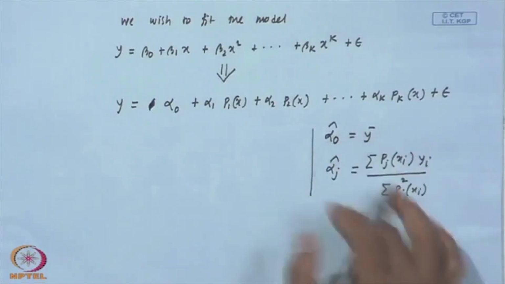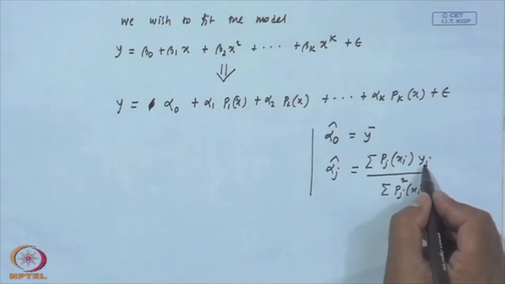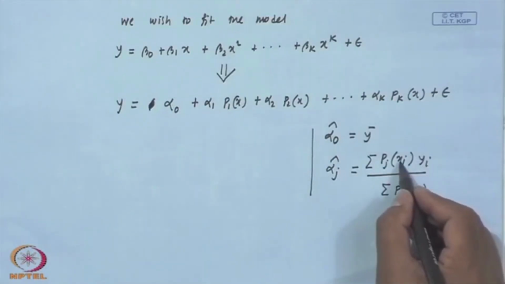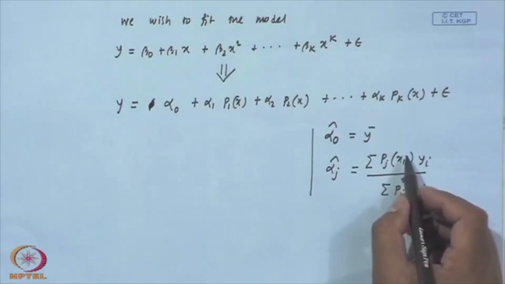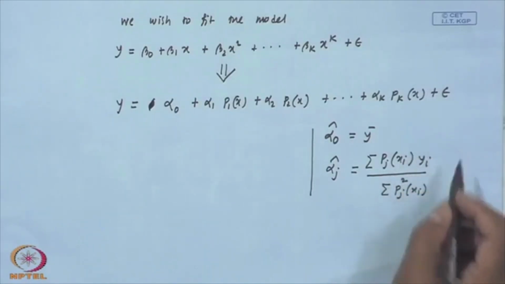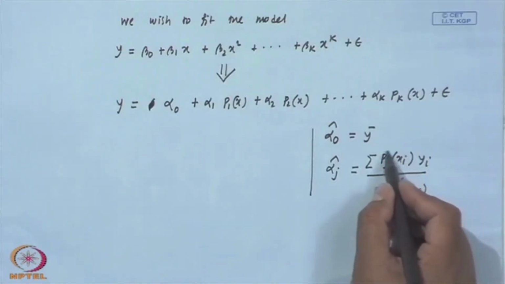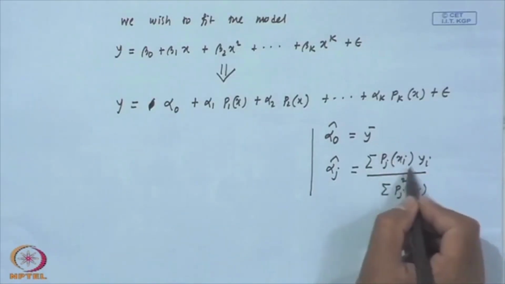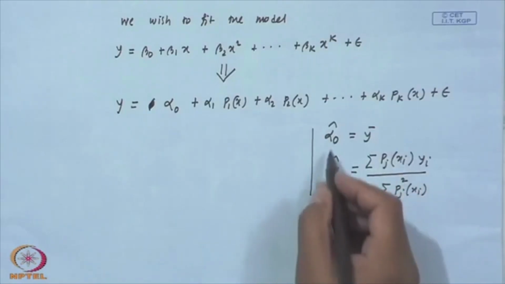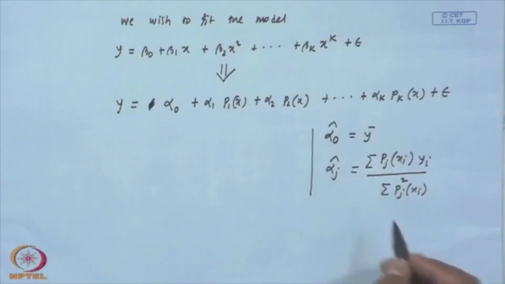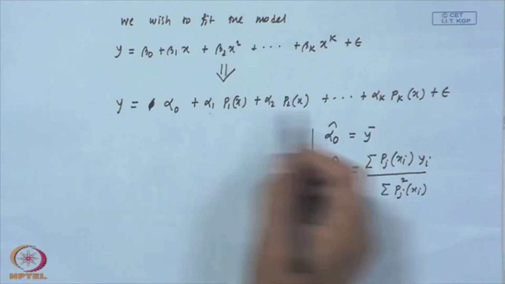So, by using all these formulas, you know y_i, and of course, the x_i's are all equally spaced. You can just consider them 1, 2, 3, 4 up to 20, and you know this orthogonal polynomial. This is the jth order orthogonal polynomial. So, you can compute alpha naught hat and alpha j hat for j equal to 1 to k.